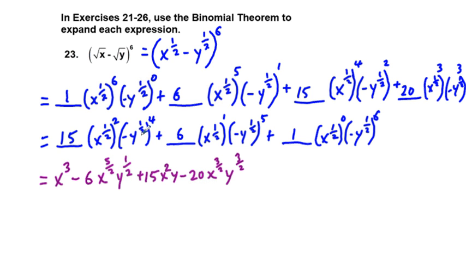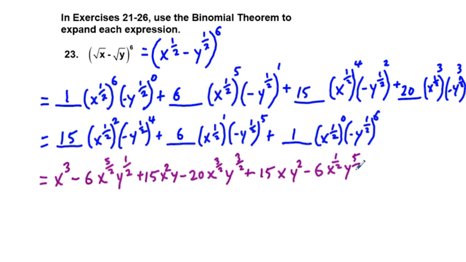Next one we have is we're squaring the negative sign, so the next one here is going to be plus. This is from down below, plus 15. We're going to have x to the 1/2 times 2, so that's just going to be x. And then y to the 1/2 times 4 is going to be y squared. Then we're going to subtract 6, and we're going to have x to the 1/2, y to the 5/2.